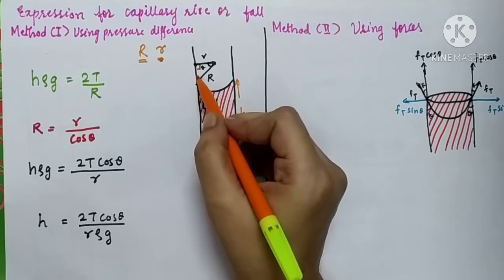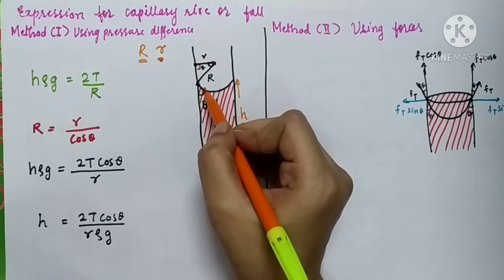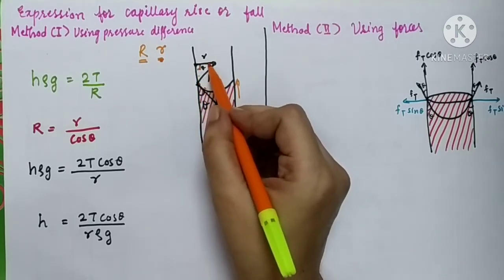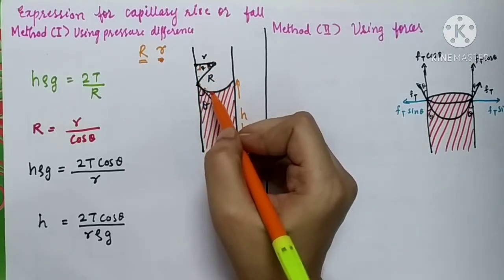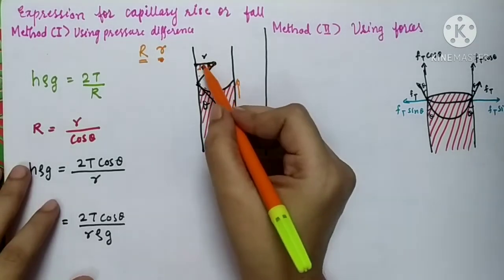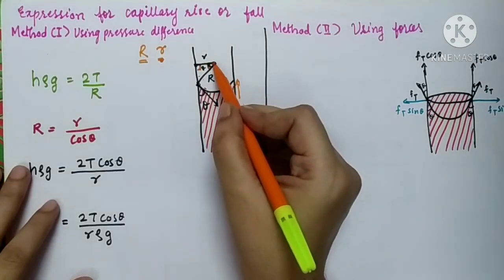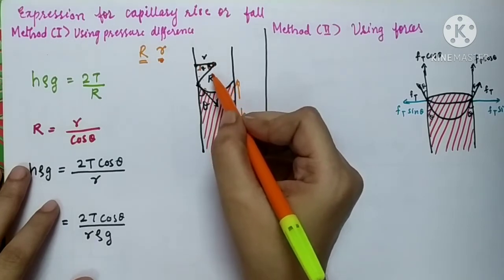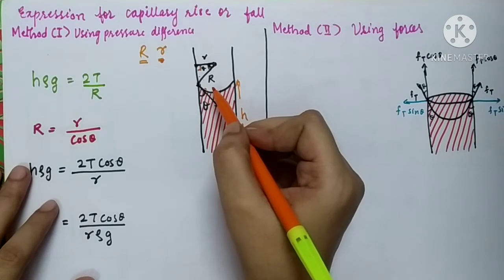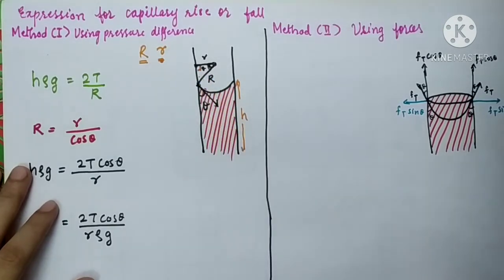This remaining angle is 180 minus theta. If this is 180 minus theta, then this angle will also become theta here. So this angle theta is subtended by the radius of the capillary and the radius of the liquid meniscus. This is also equal to the angle of contact.